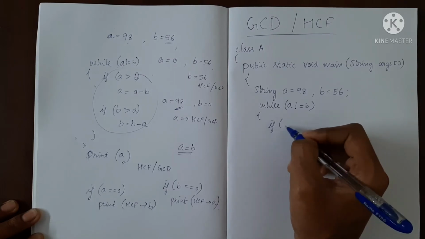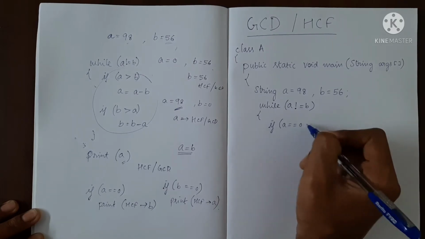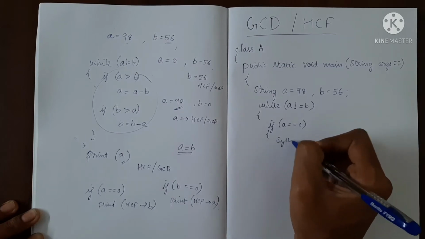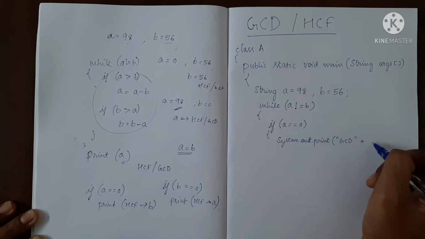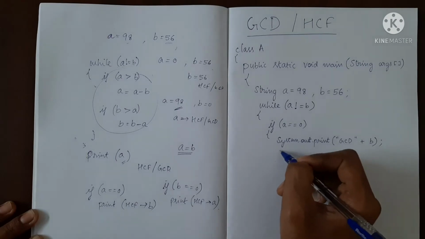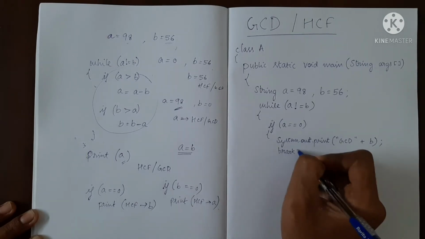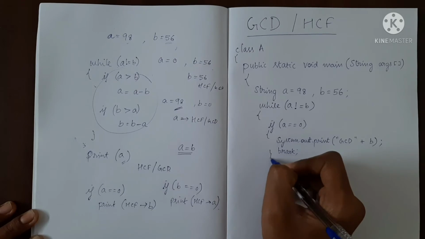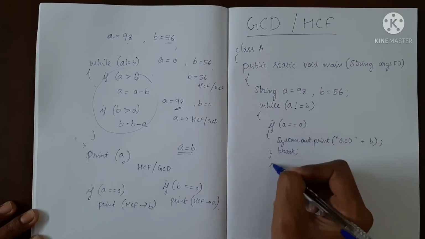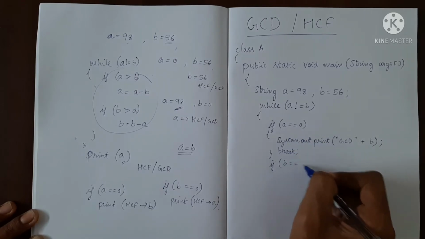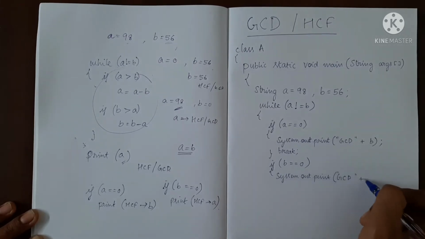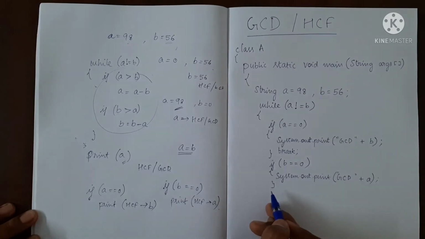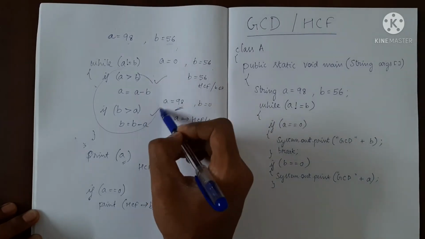Let's write the edge case, that is if A equal 0, GCD is B, and we'll break the loop. Same thing we'll do for B. So the edge cases are done. Now we will do this and this.